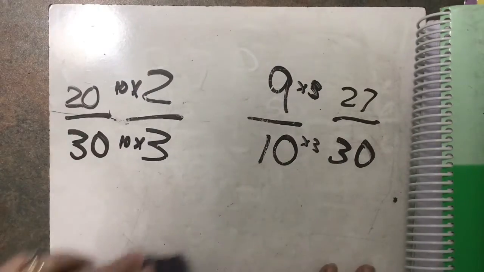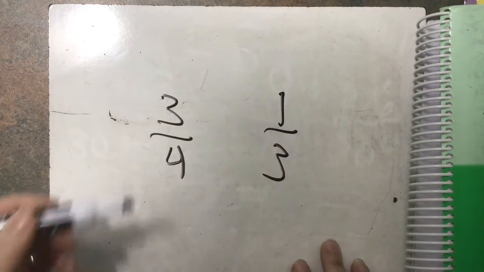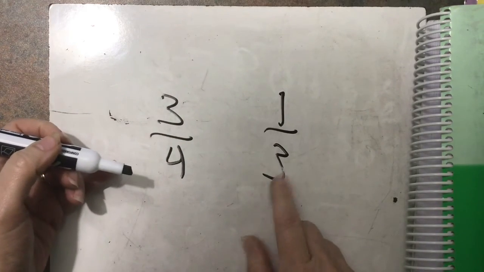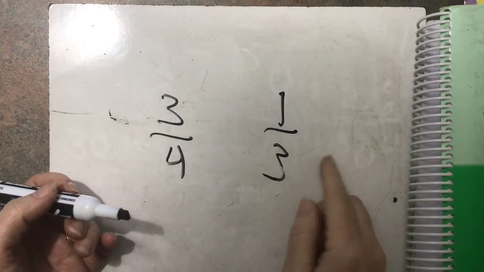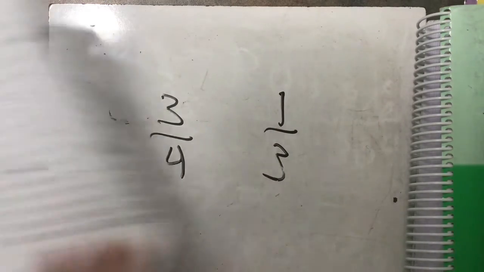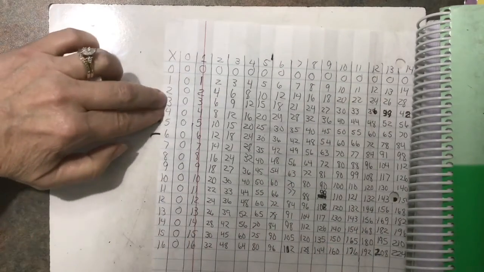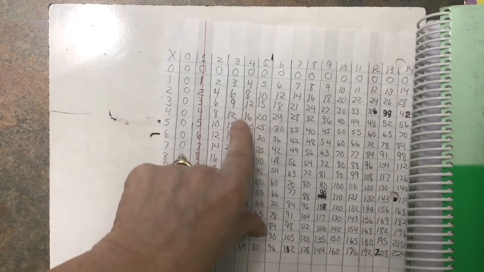Okay, so now I'm going to go ahead and do the next one. It wants to know the least common denominator between 3/4 and 1/3. Normally we would try to take the smaller one and make it match the bigger one. Well, we cannot do 3 times anything to make it a 4, so we have to change both. So we look on row 3 and 4, and we find something that they both have. Well, they both have a 12.